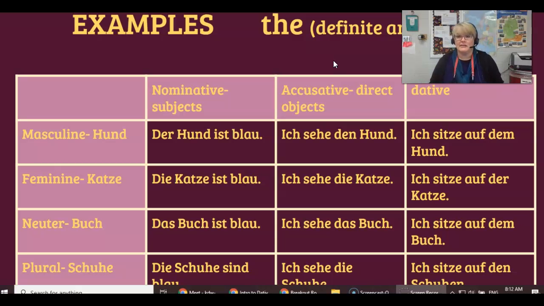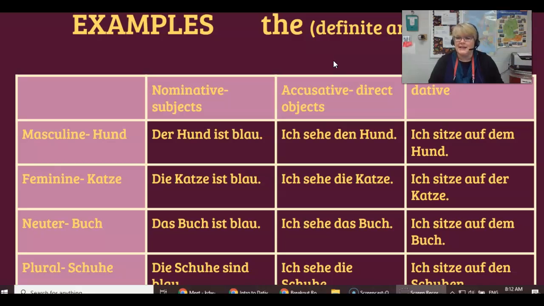And because I'm telling you our location, what we're sitting on, like, where am I? I am sitting on the dog. That's my location, so dative case. So ich sitze auf dem Hund. Der Hund changes to dem Hund. Feminine, ich sitze auf der Katze. Die Katze changes to der Katze because it's dative.